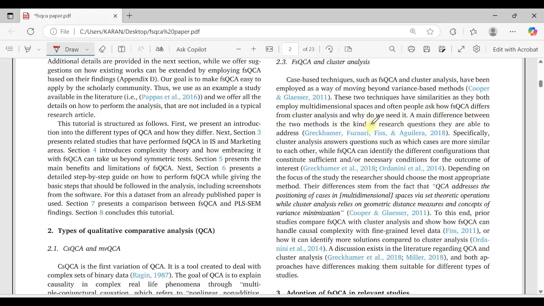The main difference is the kind of research question they are able to address. Cluster analysis answers questions such as which cases are more similar to each other, and that's how we devise the clusters through hierarchical cluster analysis or k-means cluster analysis. While fsQCA can identify the different configurations that constitute sufficient and/or necessary conditions for the outcome of interest.